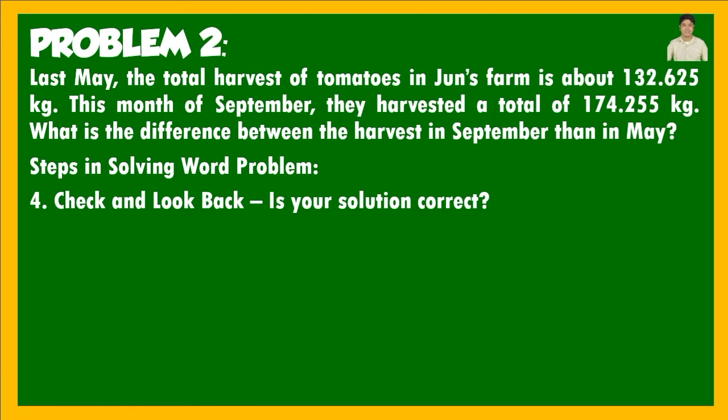Now, let us check our answer. So yung nakuha po nating sagot kanina is 41.63. Okay, so 41.630. So para malaman natin kung tama ba yung sagot, so pwede po nating i-add yung 132.625 tsaka yung nakuha nating 41.63 or 630.